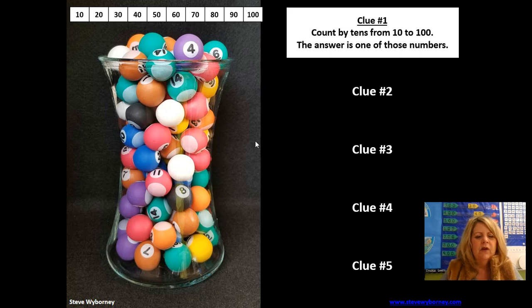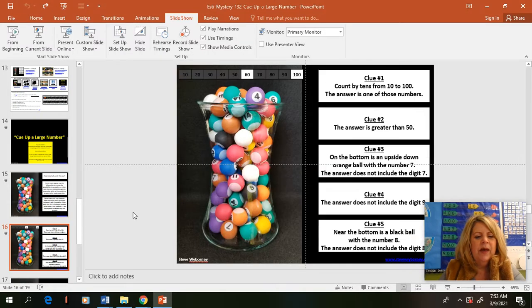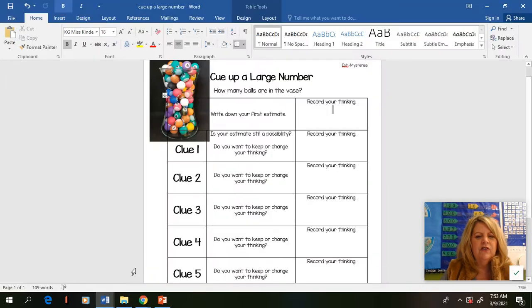All right. Go back and take a look at your recording sheet. Now that we've learned clue number 1, is your estimate, the one you recorded here, still a possibility? Do you want to keep or change your thinking? Go ahead. If you're going to keep your estimate that you wrote first, then just repeat it here.